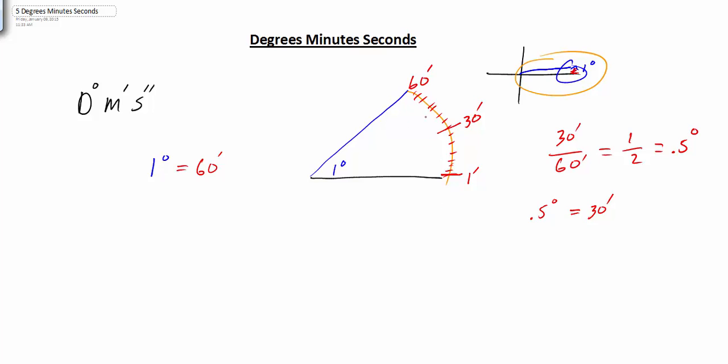So we're dividing each degree into an additional 60 equal parts, which we call 60 minutes. Then we're going to go even smaller than that. Imagine I look at this 1 minute and zoom in right here.